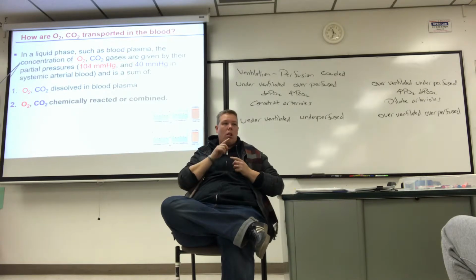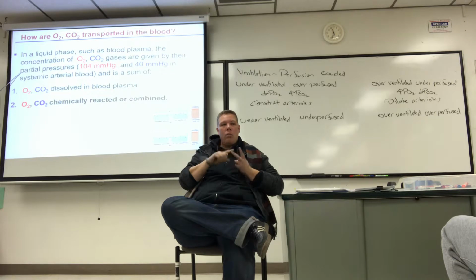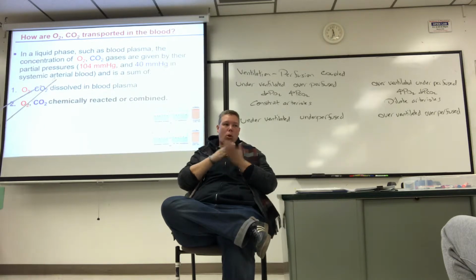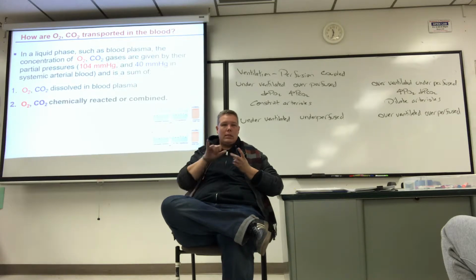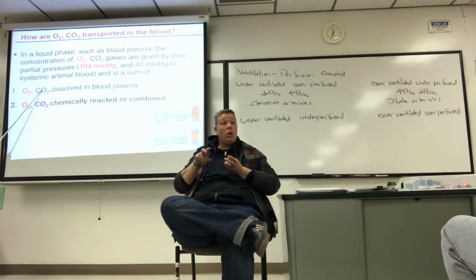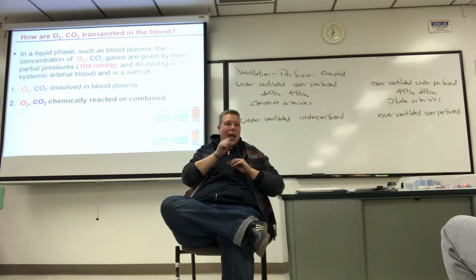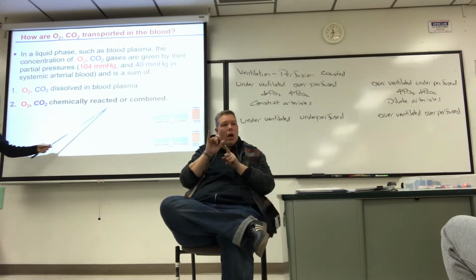In the liquid phase, such as blood plasma, the concentrations of O2 and CO2 gases are given by their partial pressures, 104 and 40 in systemic arterial blood. So all the gas that's transported is a sum of the gas molecules dissolved in the plasma, but also that which is chemically reacted or combined.